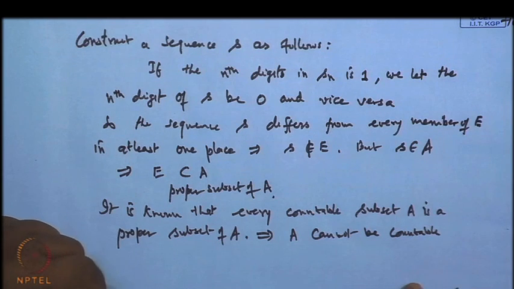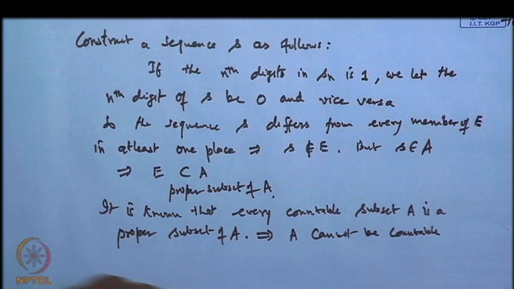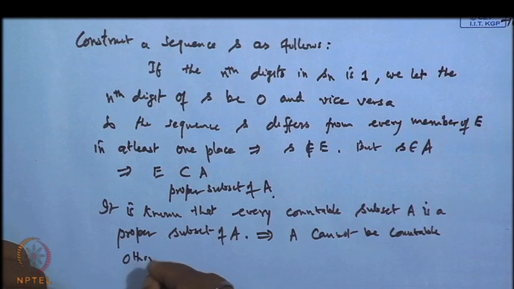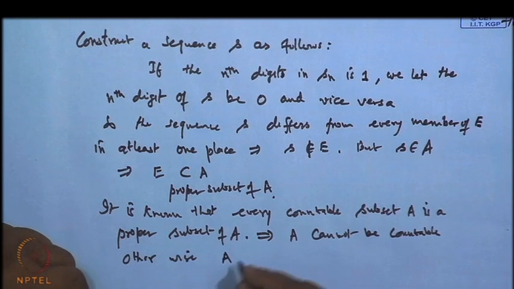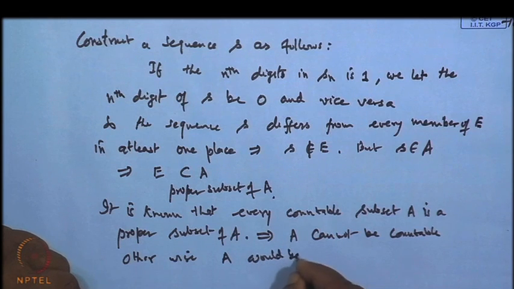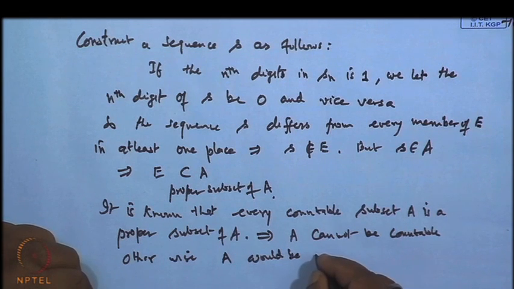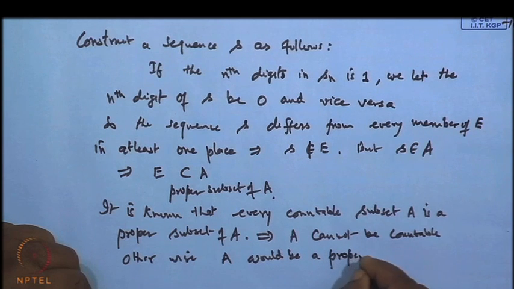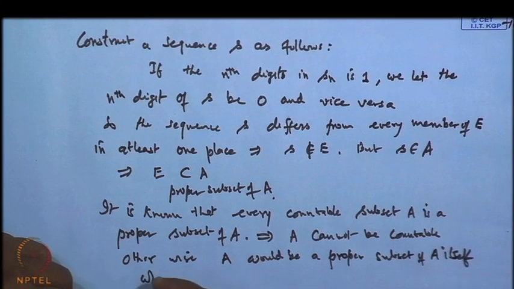because if A is countable, then here itself we are getting a contradiction, is it not? Otherwise A would be a proper subset of A itself, which is absurd.